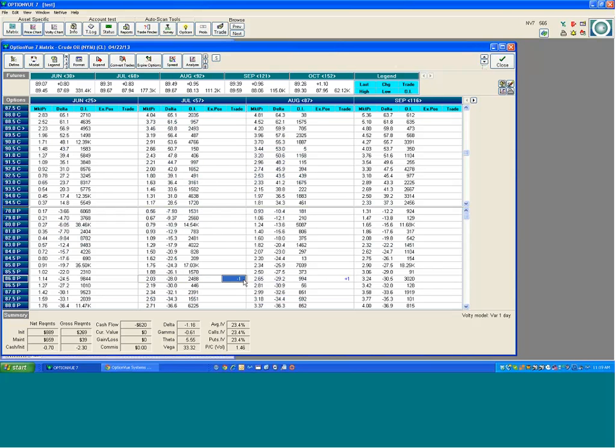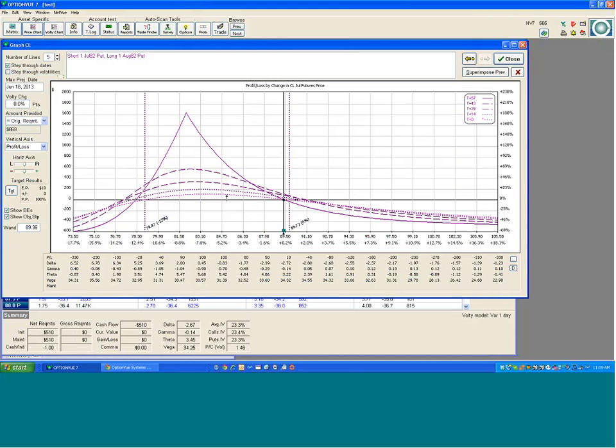If instead of choosing the 86 calendar spread, I were to go all the way down to the 82 calendar spread with puts, you're going to find that now the position is biased more to the downside. We really are looking for a larger move down closer to the 82 level in order to see profits build on the trade.